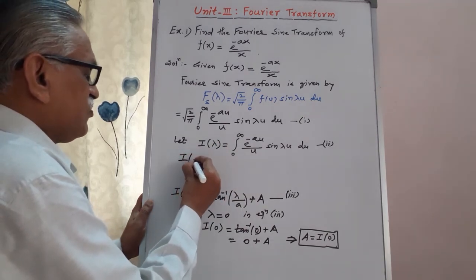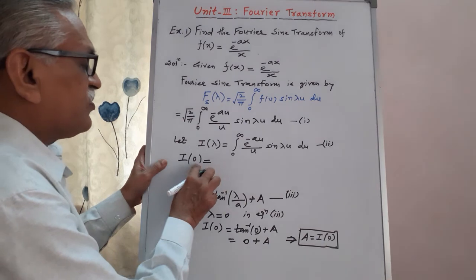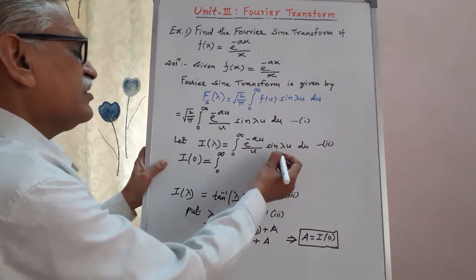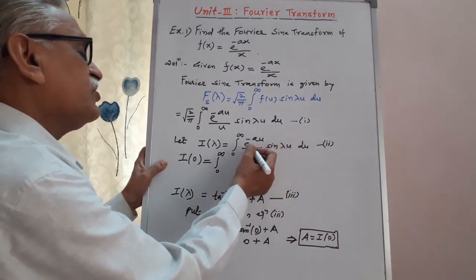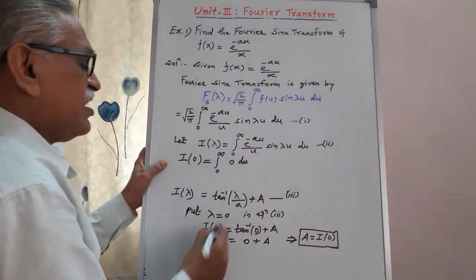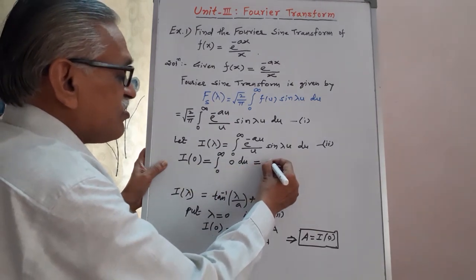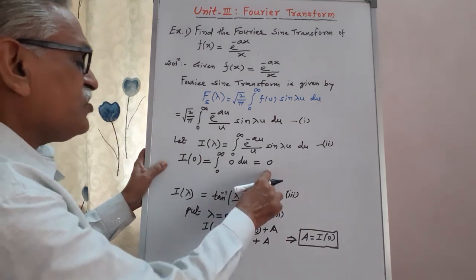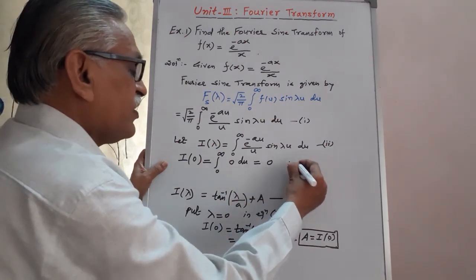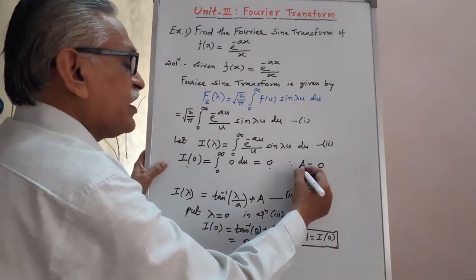Therefore, I of 0, substituting lambda equals to 0 in this equation, we get I of 0 is equals to integration from 0 to infinity, sine of 0, sine 0 is 0, 0 into anything is 0, du, and as that value is 0, this term becomes 0. And therefore we get I of 0 is equals to 0. Substituting here in this, we get A is equals to I of 0, and the value of I of 0 is 0. We get A is equals to 0.